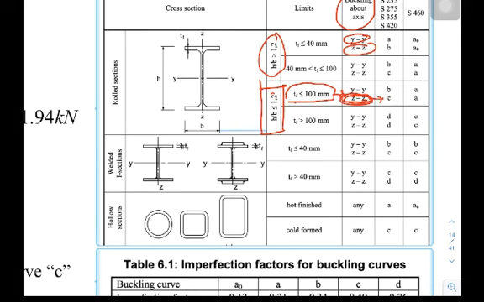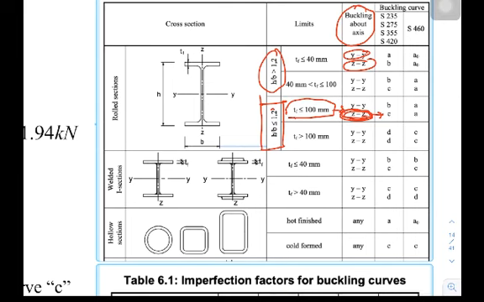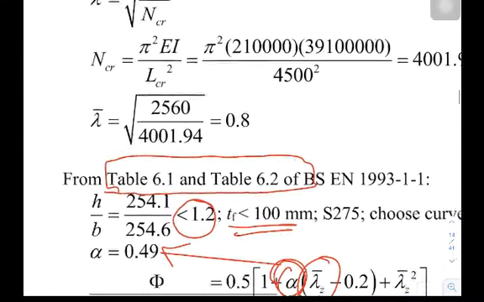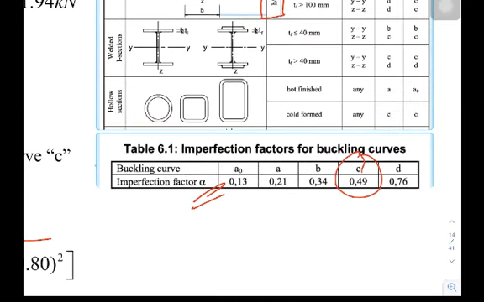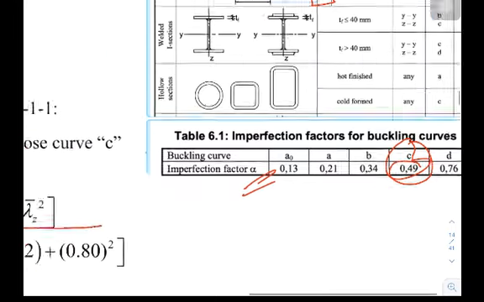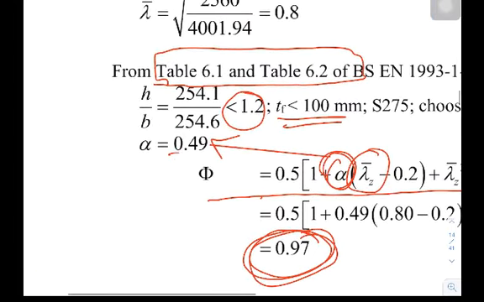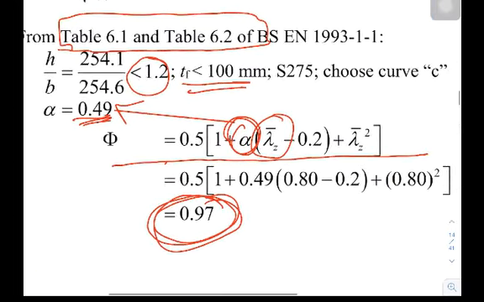So we choose the value C if the section is S235, 7355, 0420. So we choose value C. And that's the reason, if you got C here, where that value of alpha, which is 0.49. Yeah, 0.49. So you have got the value alpha here is 0.49.